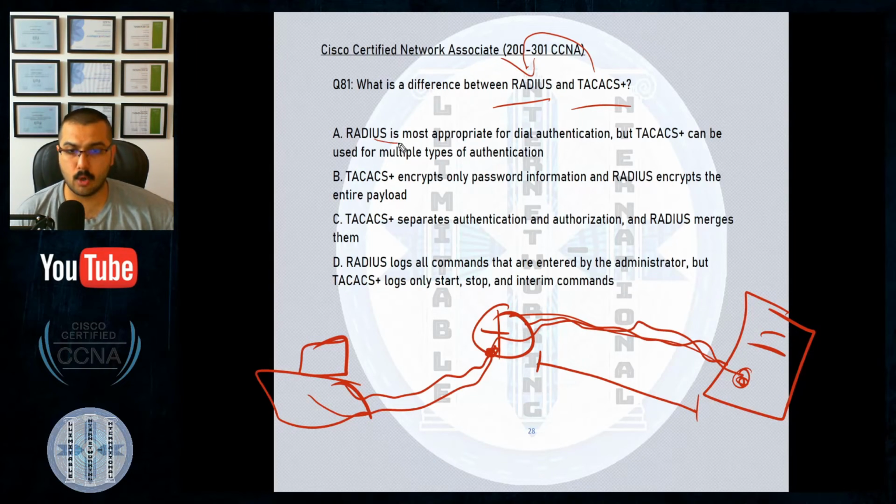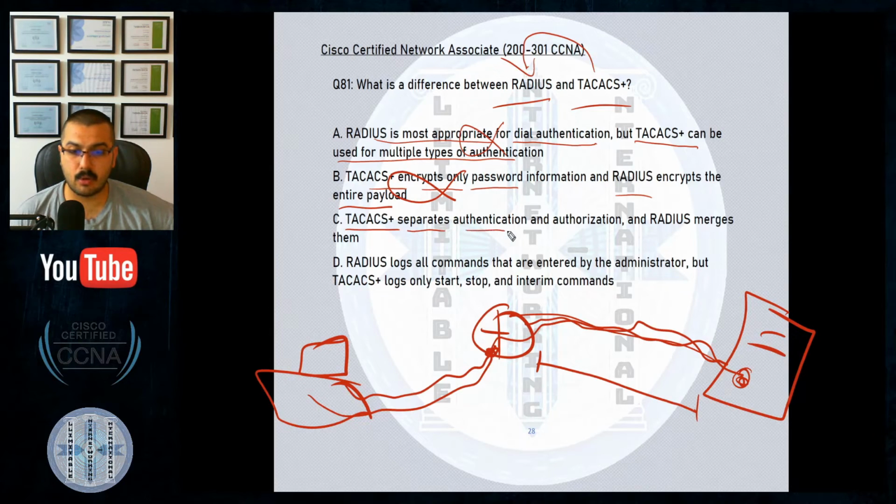Okay, so RADIUS is more appropriate for dial authentication, but TACACS Plus can be used for multiple types of authentication. No, same AAA authentication. TACACS encrypts only the password, and RADIUS encrypts the entire payload. No, this is not what we are talking about.